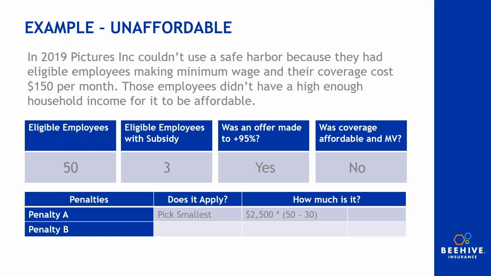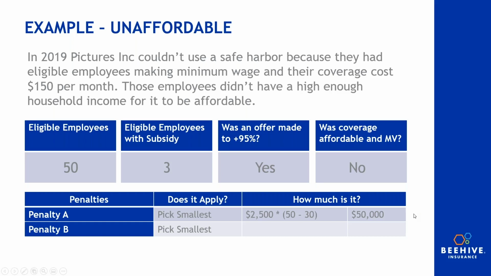We're going to multiply by our 50 eligible employees, and we're going to subtract the allowed grace number of employees, which is 30. So if penalty A is smaller, it would be $50,000 for the year. So this is why you definitely want to offer some type of coverage because you want to avoid penalty A.